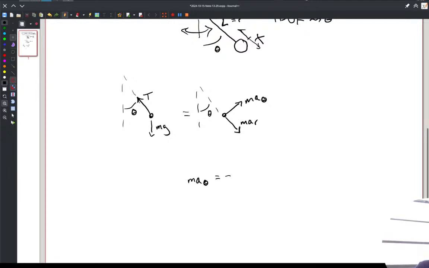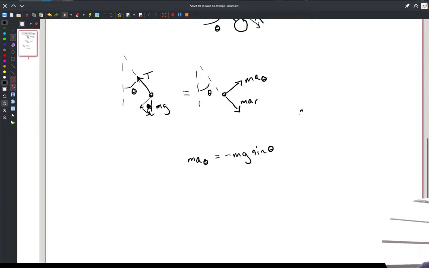equals negative mg sine theta. That one's a little harder to see, but when I break this into components that are either parallel to the tension or 90 degrees to the tension, then some similar triangle magic tells me that that is the angle theta.